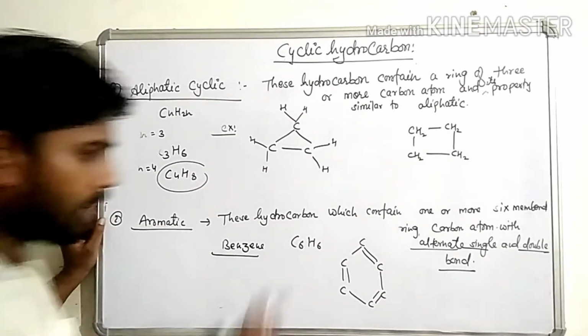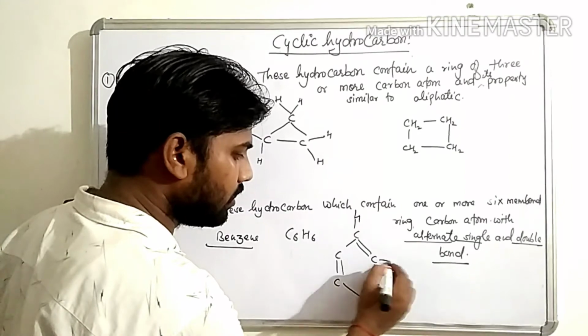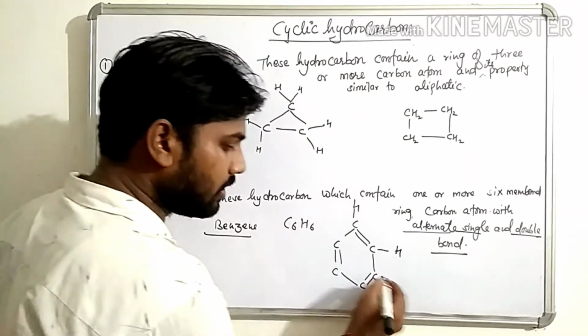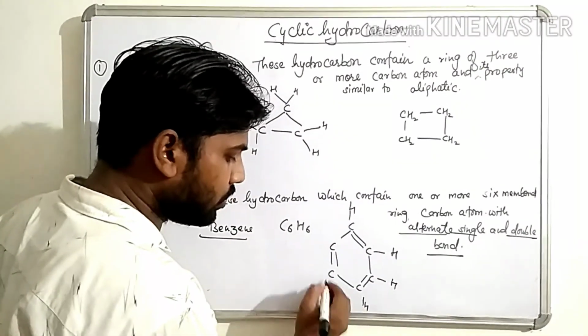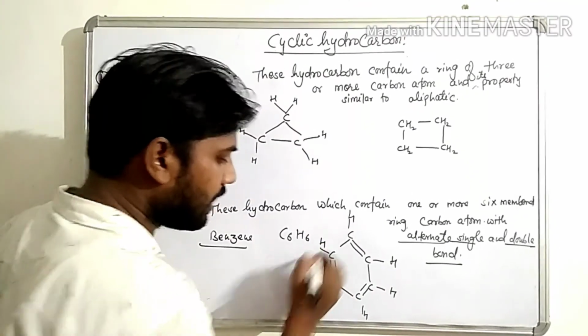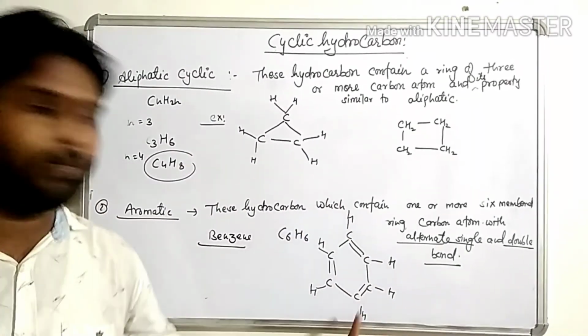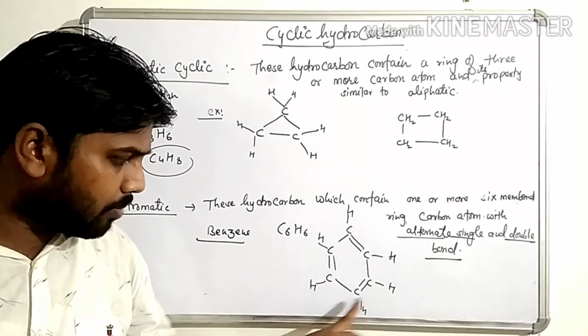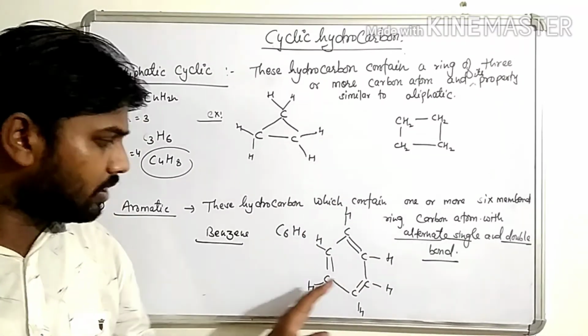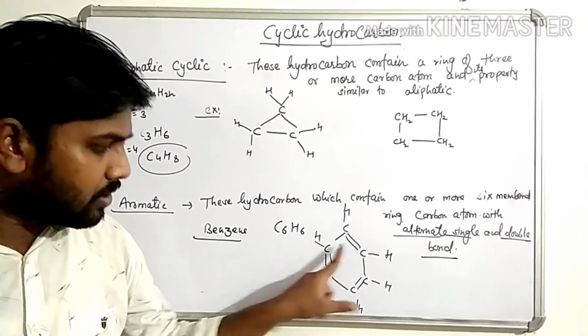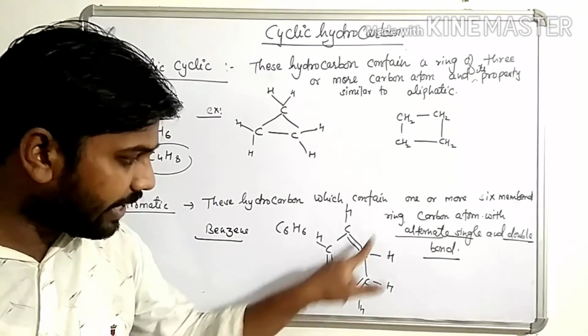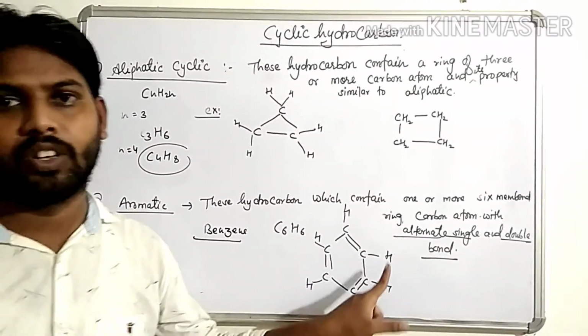So children, carbon is 6, and 6 hydrogen also. So these hydrocarbons, these closed chains form alternate single bonds and double bonds also. Clear children?